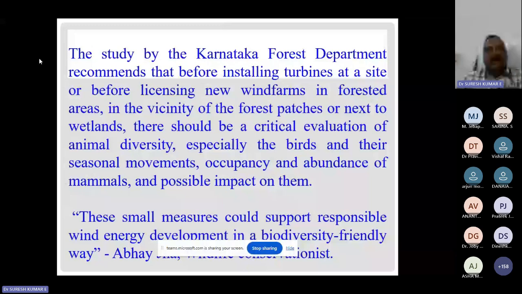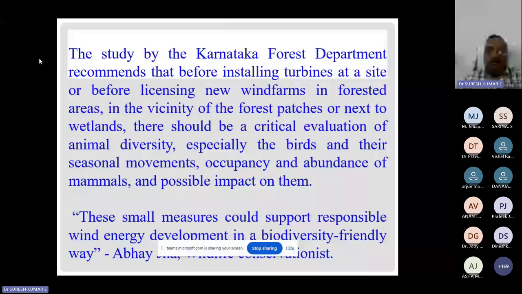So the engineering person should always refer the files to persons addressing the environmental impacts. By law, it is enforced that new wind farms can be licensed only after studying the impacts. Critical evaluation of animal diversity, birds and their seasonal movements, occupancy, abundance of mammals and possible impacts.